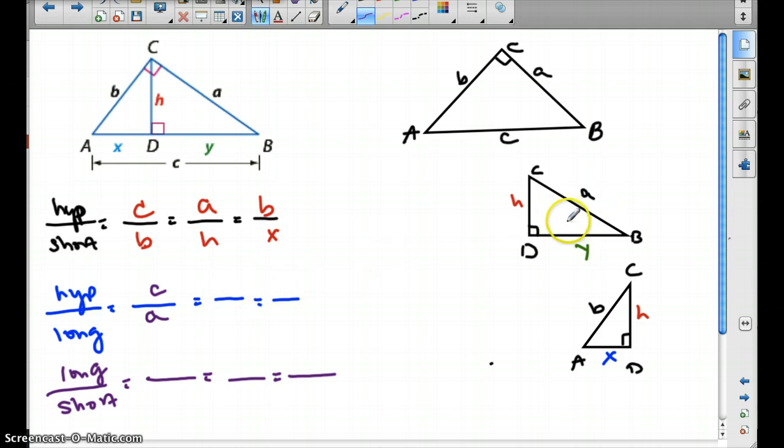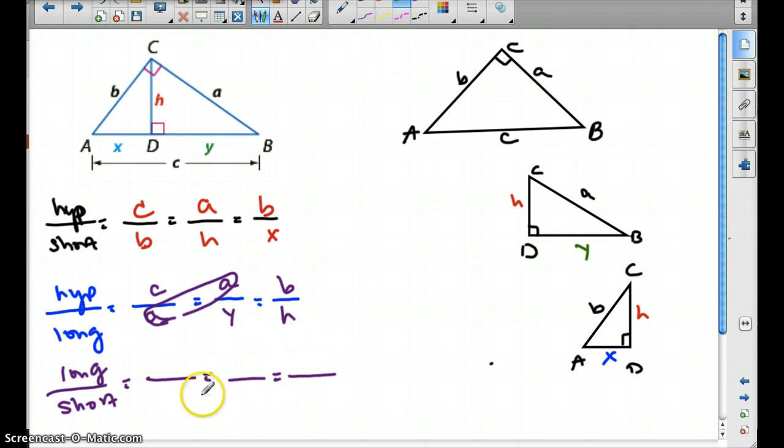And for this one, we had A over the long leg, which is Y. And then we have the hypotenuse, which is B, over the long leg, which is H. Ooh, interesting. We have A and A here. Very similar to what we did in class with the packet when we had X and X across from each other. We did some cross multiplication.